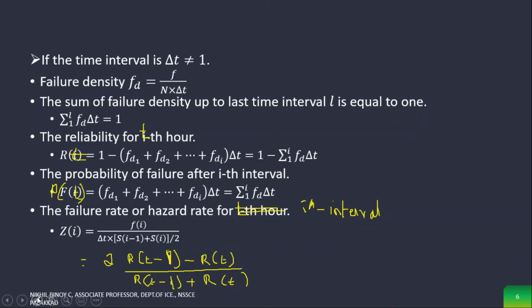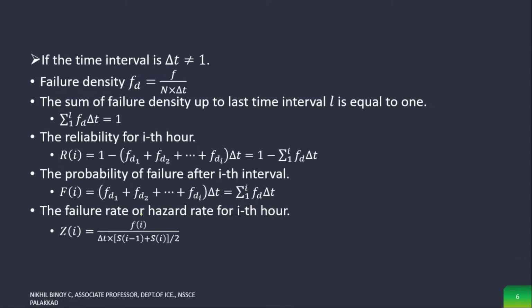So for this particular case, the relationship between z of I and r of t is z of I equal to 2 into (r of t minus delta t minus r of t) divided by delta t into (r of t minus delta t plus r of t). So these are the differences that you have to know if delta t is not equal to 1.